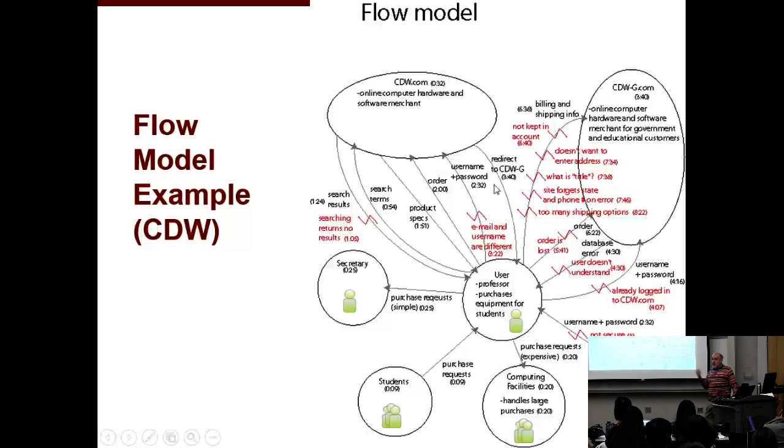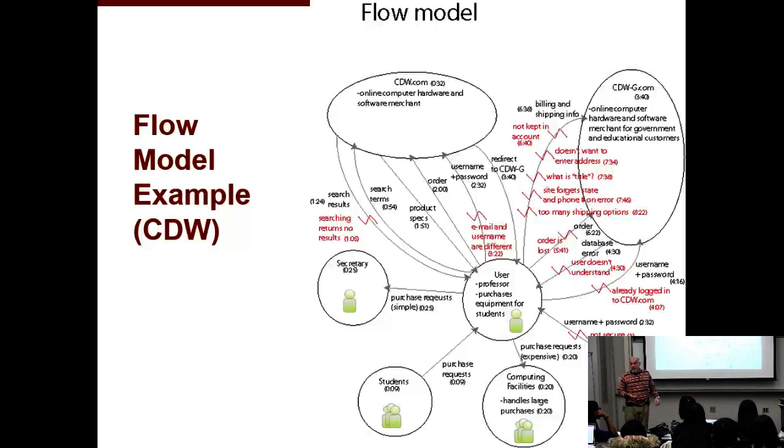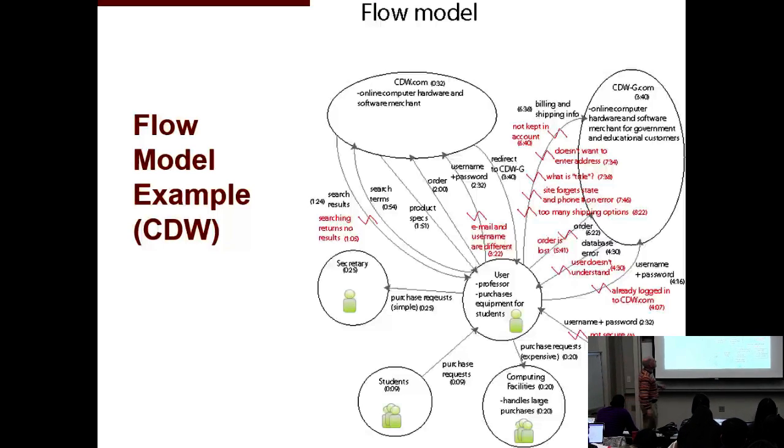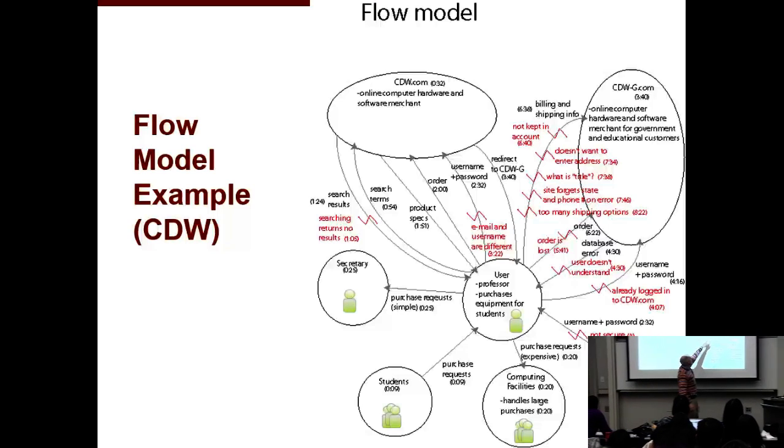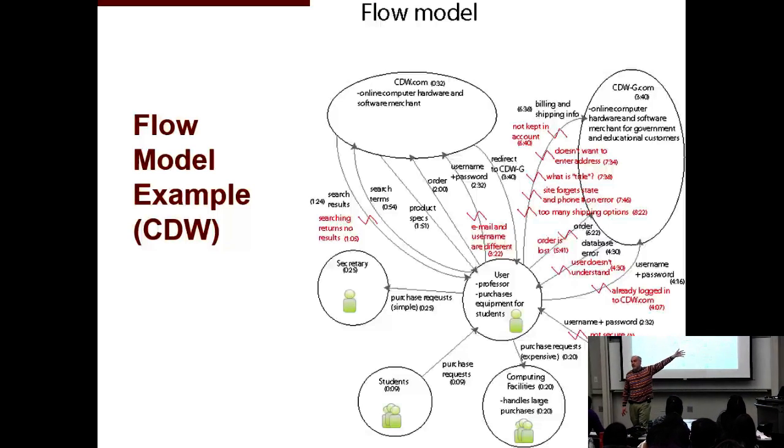So here's an example. There's typically another question of what level of detail to put on these, right? And so the answer, again, it's not particularly satisfying, and you'll probably find this frustrating, but it's whatever is helpful, right? We're not asking you to put in every single keystroke that somebody typed, because that would be too much stuff and not helpful. There's this one big arrow for shipping and billing information with a whole bunch of breakdowns on it, right?